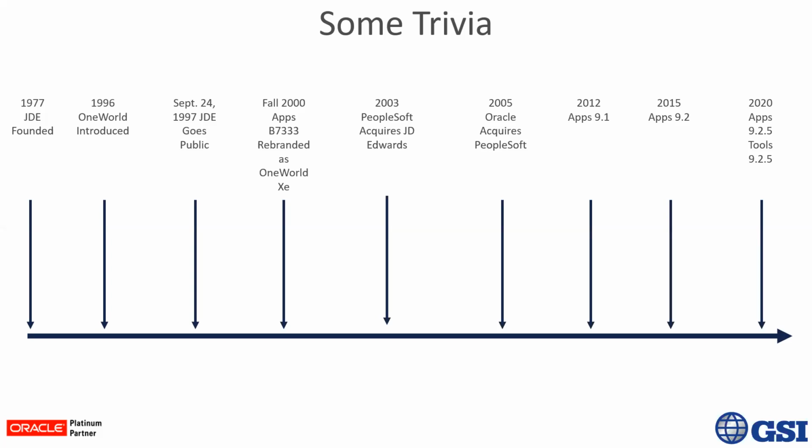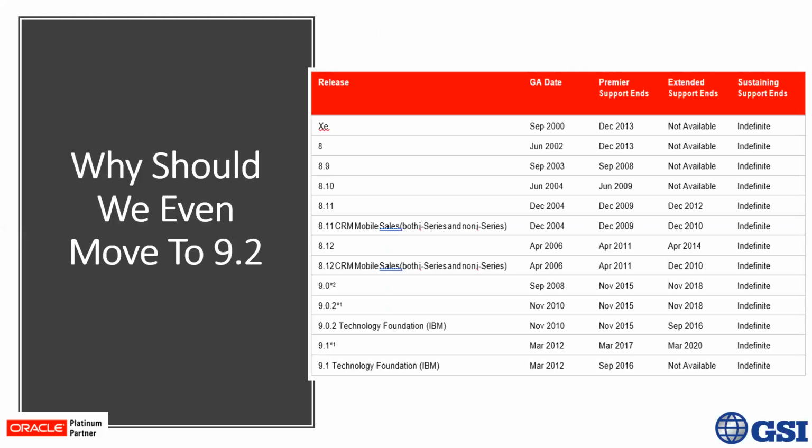Now, those are important milestones because when you look at your software and you say to yourself, what release am I on? If you are not on 9.2, you no longer have premier or extended support from Oracle. All you have is sustaining support.